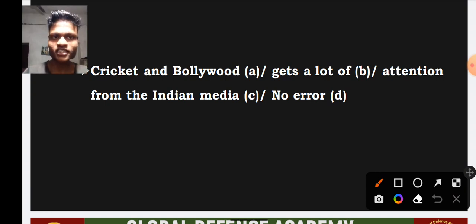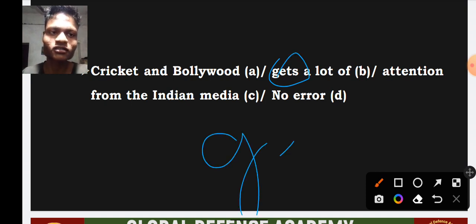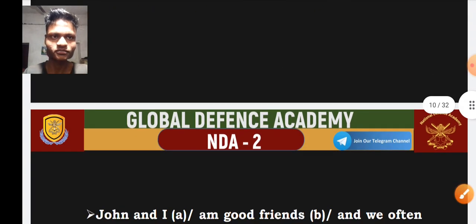Here cricket and Bollywood are totally different things. So you have to use a plural verb for a plural subject. So gets turns into get. Remove s. Getting my point? Okay.